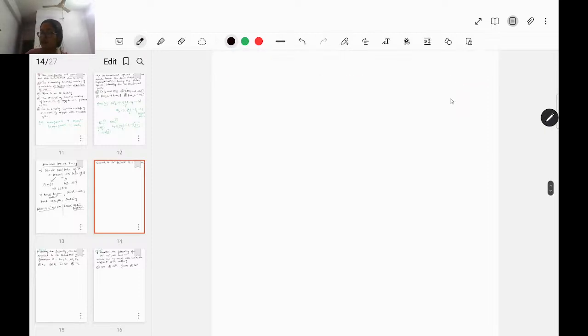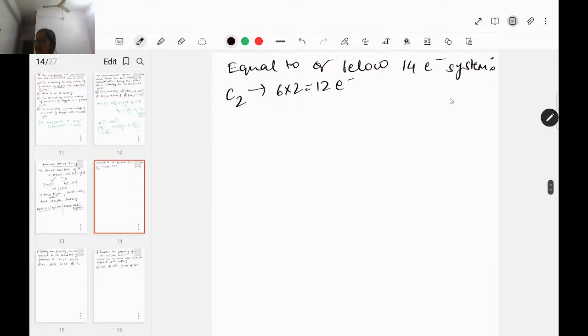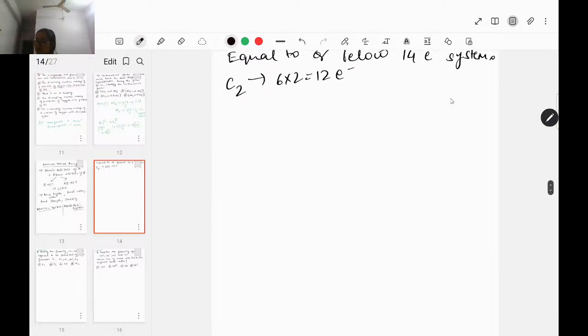Let us take the example of the C2 molecule. There are 6 electrons in one carbon atom, not valence, so 6 into 2 is 12 electrons. So there are 12 electrons over here. So let us draw them. This is the energy.